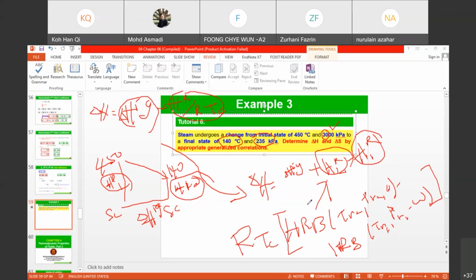You calculate this by using the virial equation, the generalized equation.